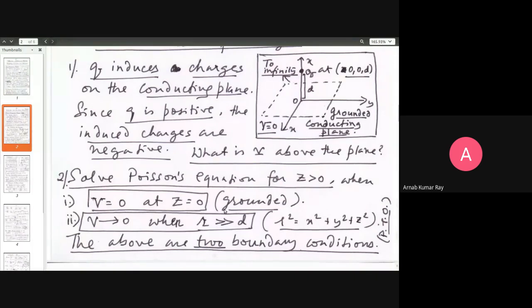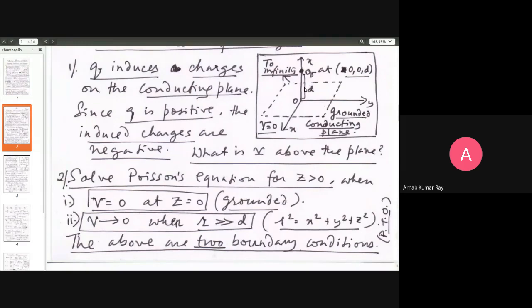It is grounded. Now the other thing, V goes to 0 when you go to a great distance above the plane, when R is much greater than D. What is R? R squared is equal to x squared plus y squared plus z squared. Why so? Because you have got a point charge over here and you've got induced charges over here. D is not at a great height above the plane.